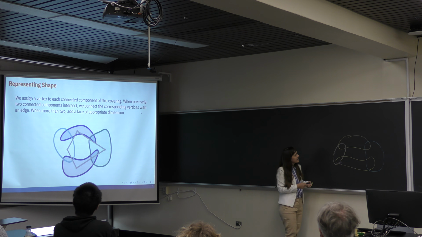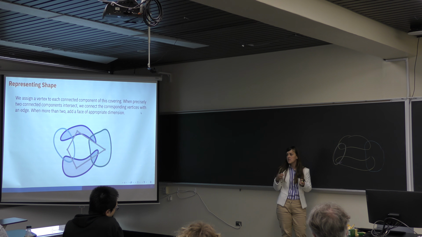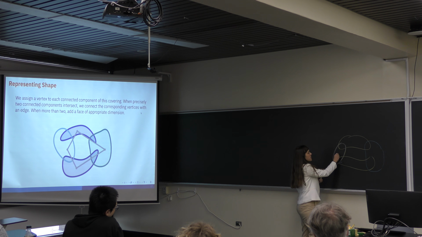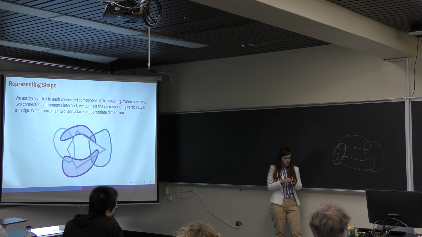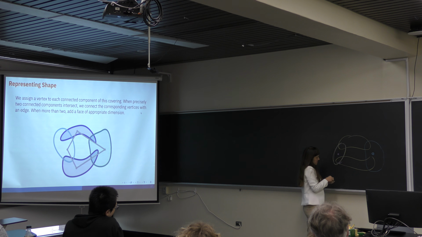And then the goal is that we want to approximate this with a graph or with a higher dimensional simplicial complex. The way we do this is that to each set of the covering, each connected component, we assign a vertex. So here we have one vertex, here we have one vertex.